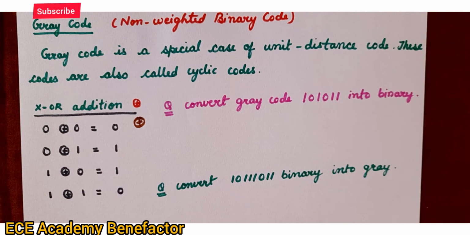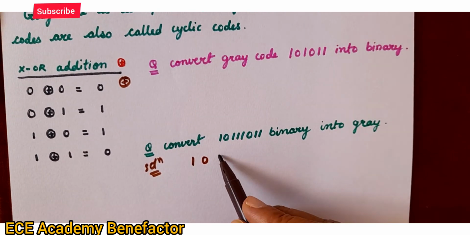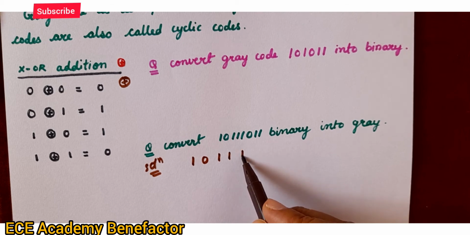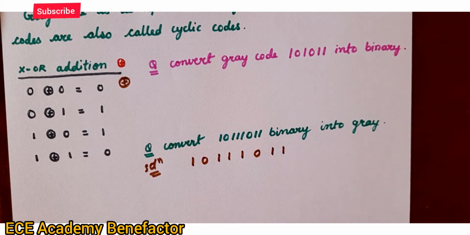Okay, let us see the first question. Convert binary into Gray. So, the binary number is given to us as 1 0 1 0 triple 1 0 double 1.